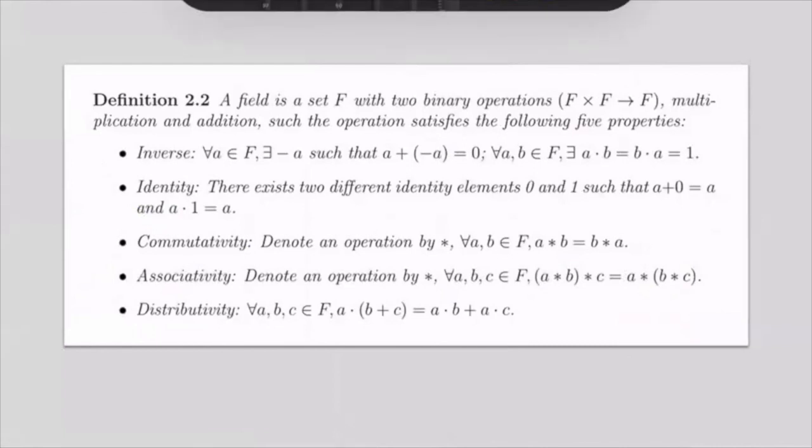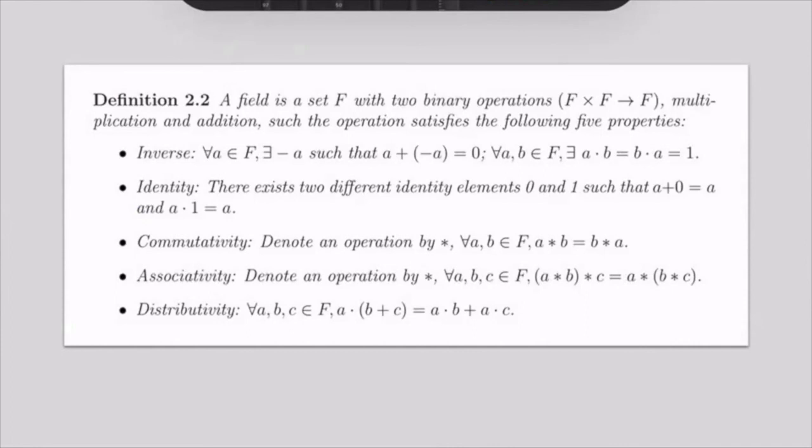We take any element from the set F and do an operation to it, and then we have any element from the set F, and then we obtain something. We map it by using a function to an element in the set F.